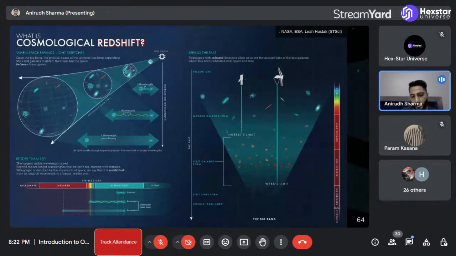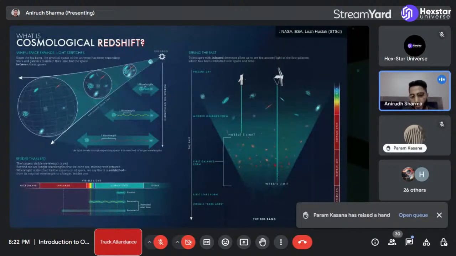So there is a limit to Hubble's visible range, because it observes in the visible range. Because of the expansion of the universe, the light is stretched out and is more red compared to the visible range. That makes it easier for Webb to observe that red region.